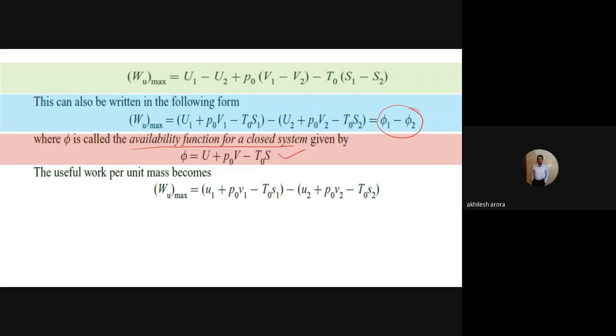The availability function comprises U plus P naught V minus T naught S. So there is a term which relates to the work done against the atmosphere also. When we talk about availability, you will understand that availability is the maximum useful work. Once again, it is the maximum useful work and not the maximum work. It is the maximum useful work which is available to us in case of a closed system.